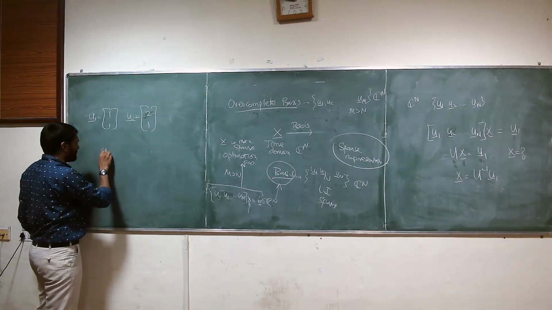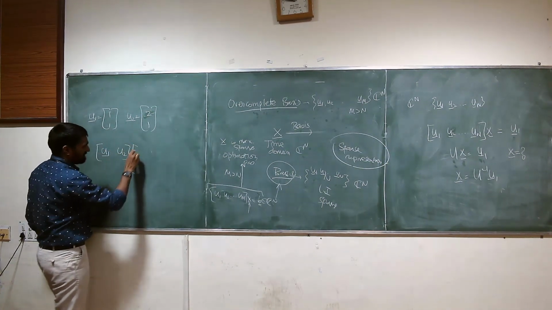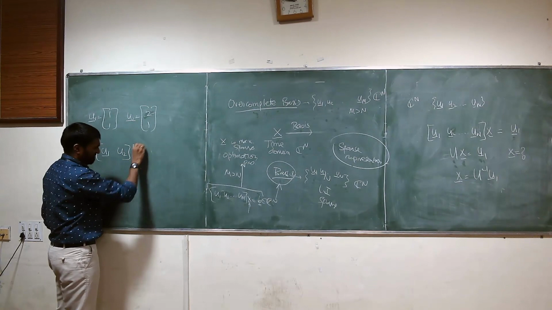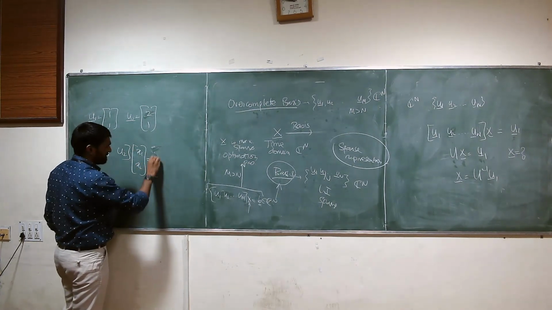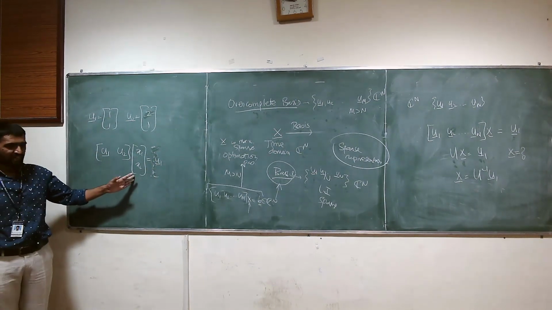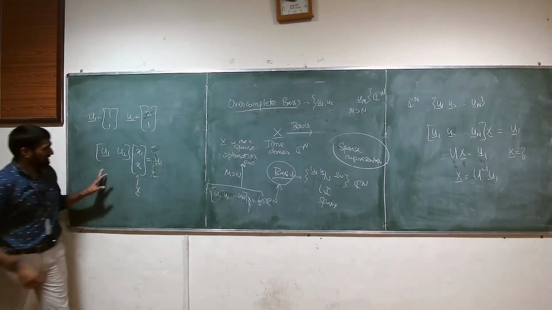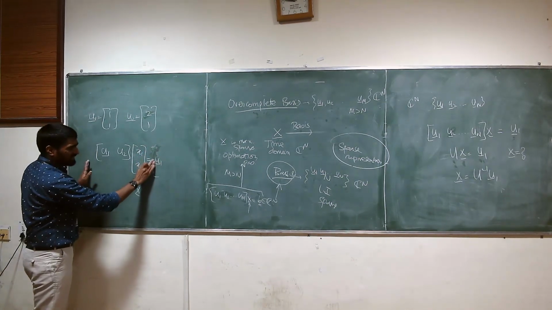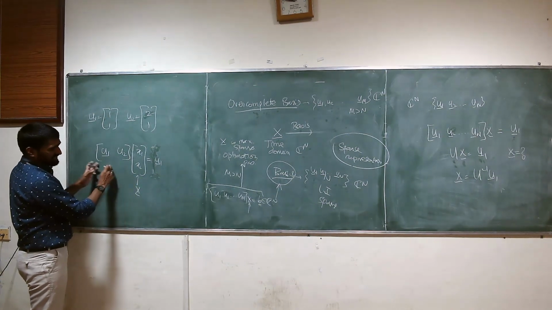Asking you, this is equal to, what is the solution for x? Here, this vector, the way I've written this is essentially Ax equals b.